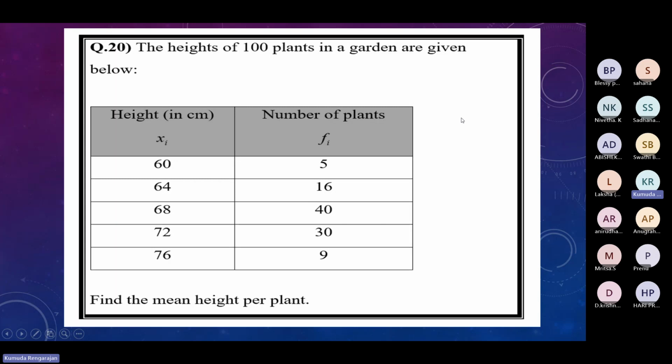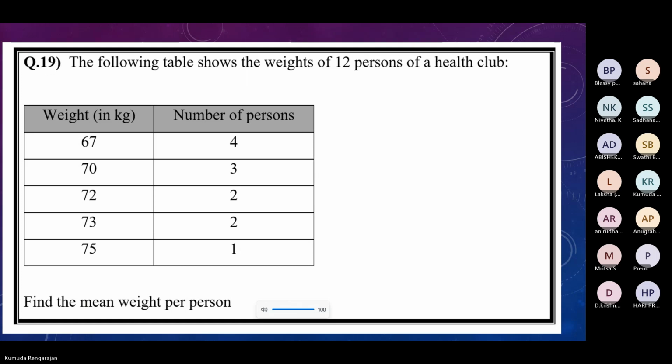Yeah. Children, I just want to check. Mean, median, and mode is a part of the syllabus, right? Because some parts are deleted. Have you all learned how to find mean, median, and mode? Please respond. No, ma'am.